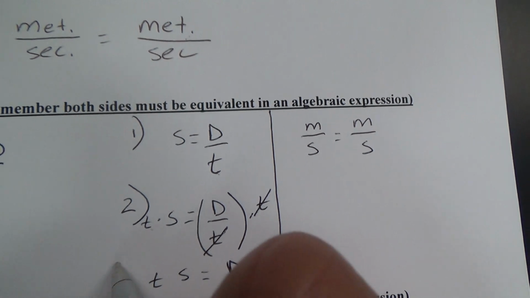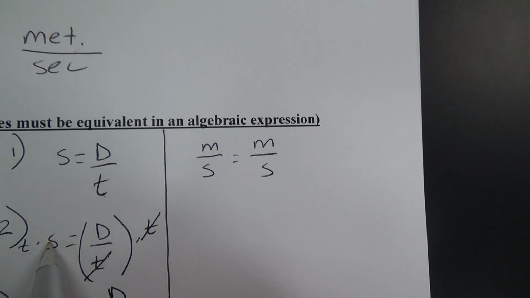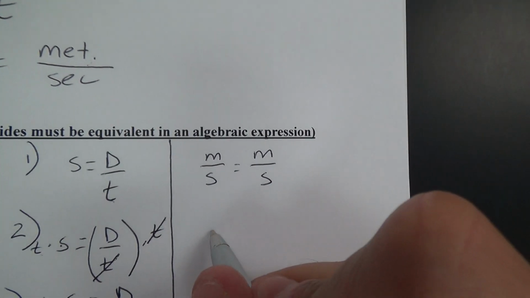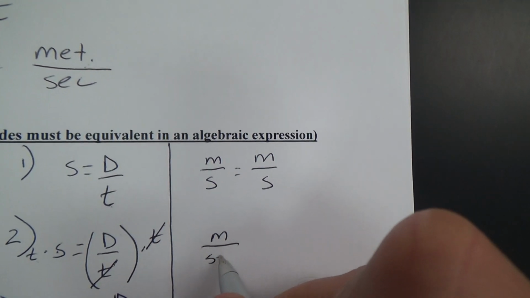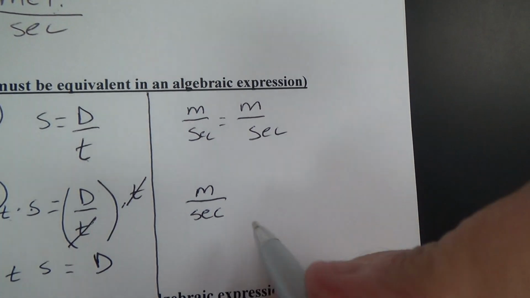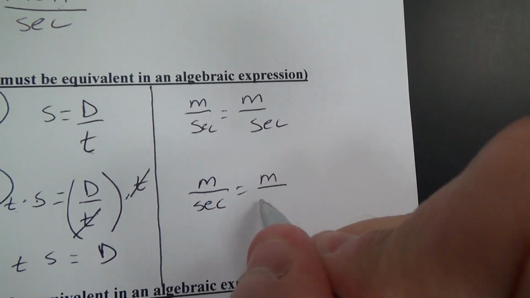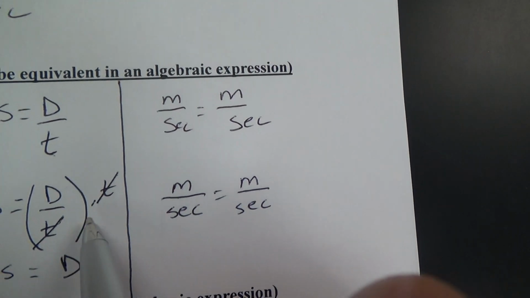That's the equation. But wait a minute. Do this with a unit. What's the unit for speed? Meters per second. Here, I'll do seconds so you can see it better, okay? Equals meters per second.